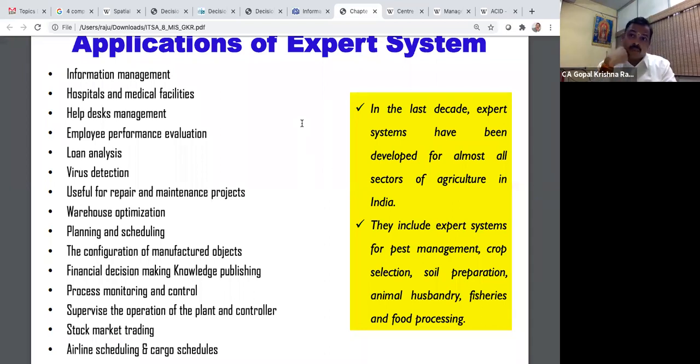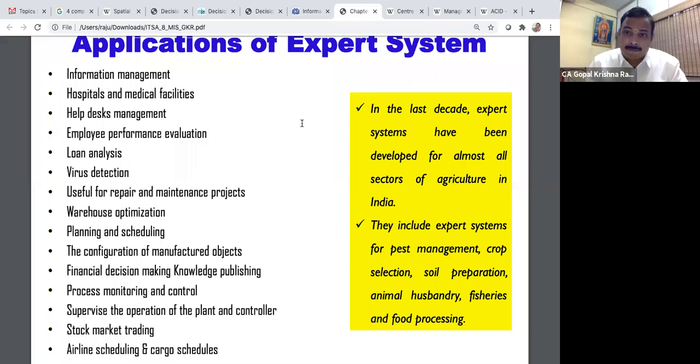In a decision support system, for example, in agriculture water resource management, how many kilometers of pipeline I have to lay and how I have to lay it is the decision. That is different, and an expert system will give information.